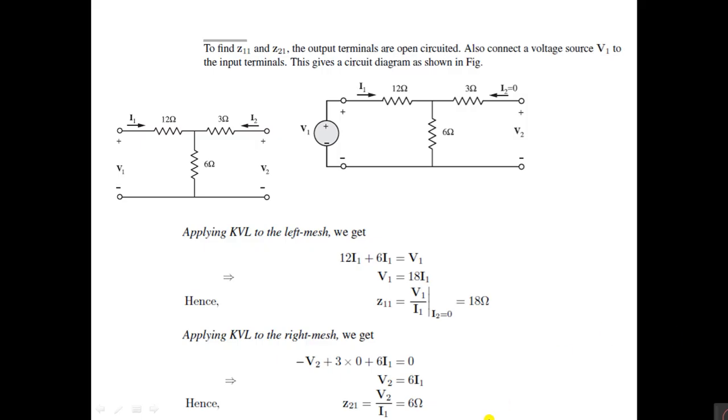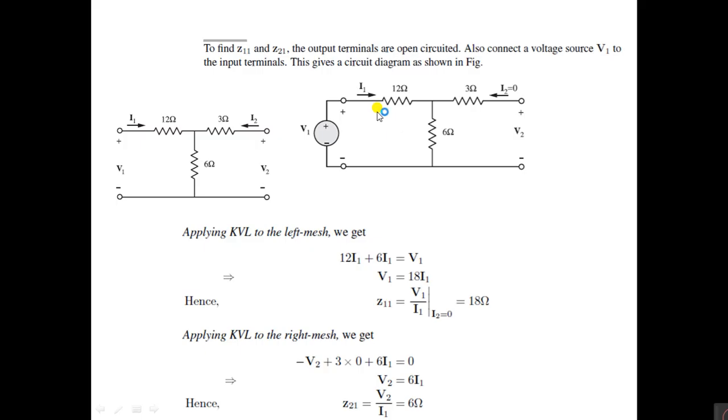Next we need to calculate Z21. To get Z21, in the same way we make I2 equal to 0. Now write the loop equation here, as we discussed in the class: minus V2 plus 3 into 0, because I2 is 0, plus 6.